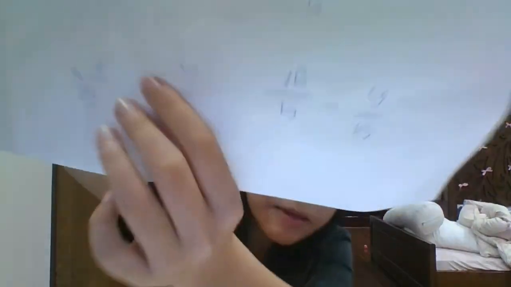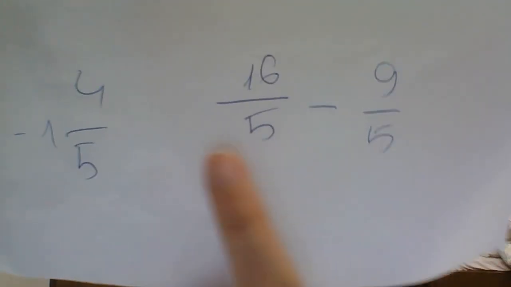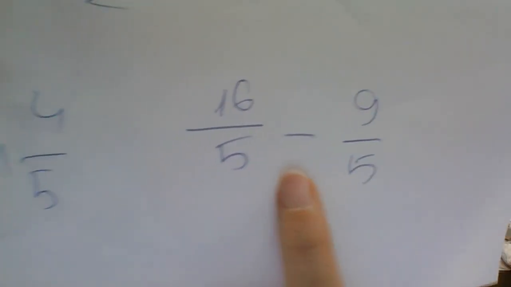So you have to change both the mixed numbers into improper fractions, which would be 3 and 1 over 5 would be 16 over 5 minus 9 over 5. So you can see that the denominator is also 5, and they're both the same, so you just have to subtract the numerators, which would be 7. So the answer would be 7 over 5. Easy, right? Yeah, it's really easy.